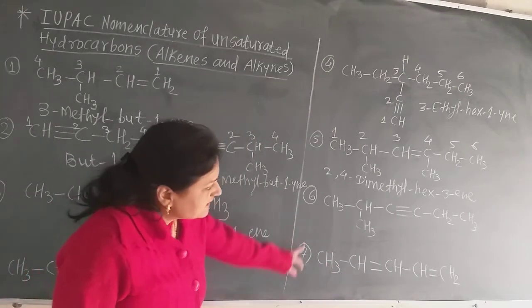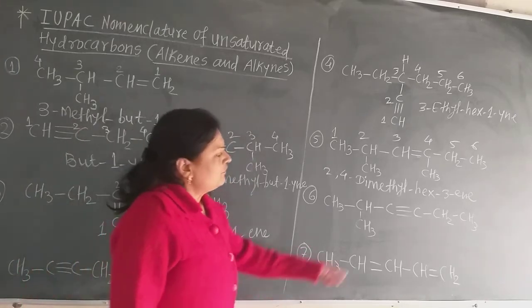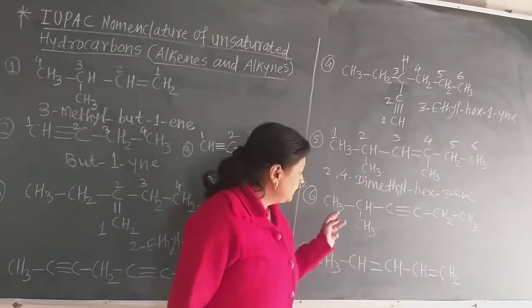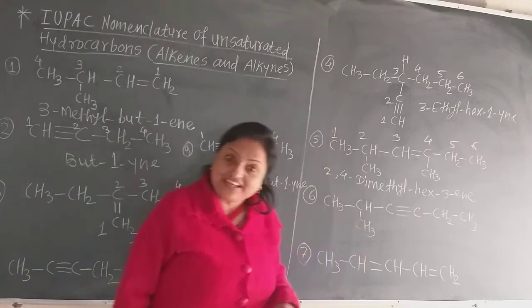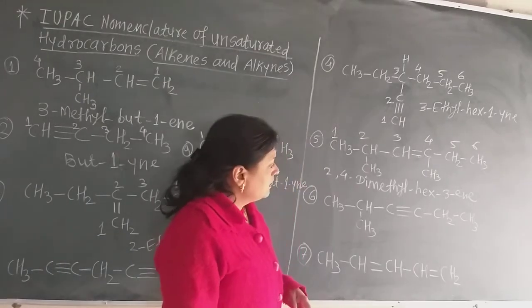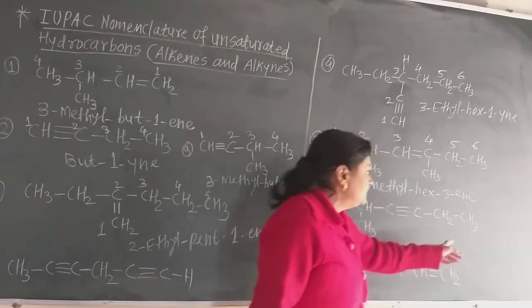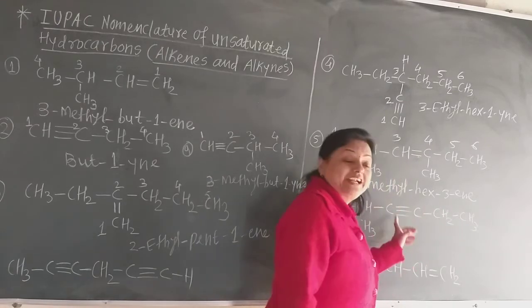Now see this 6th example again. Here we see the triple bond in the longest continuous chain, so it is an alkyne. If I give the numbering from this side, the third carbon has the triple bond. From this side also the third carbon has the triple bond.